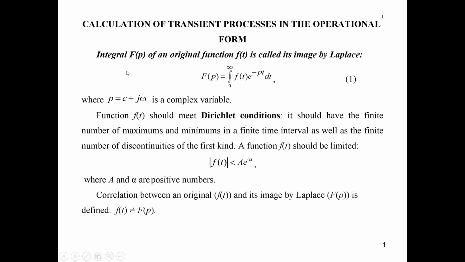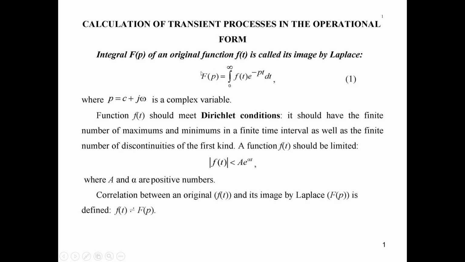You should remember this designation, capital letter F from p, its function, analogous to f of t when we consider a function of time. Here it's a function of Laplace transformation, designated with small letter p. So the function is designated as capital letter F from p.